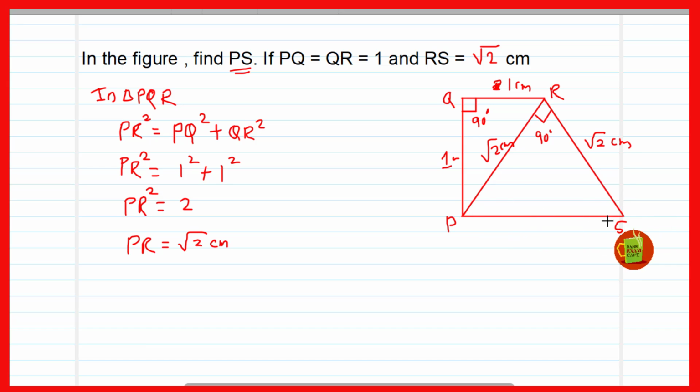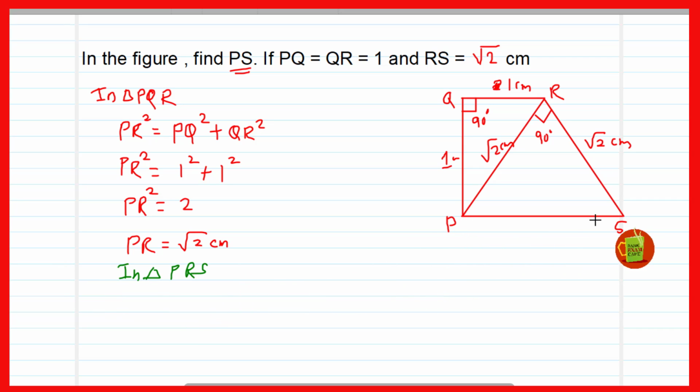Now we have to find PS, and triangle RPS is also a right angle triangle because this is 90 degrees, and PS will be the hypotenuse. So further we will solve this in triangle PRS.